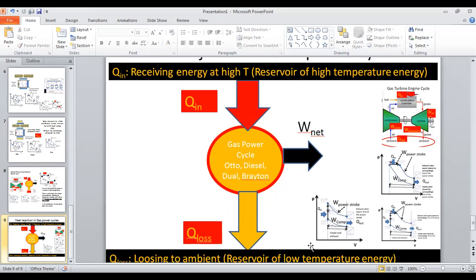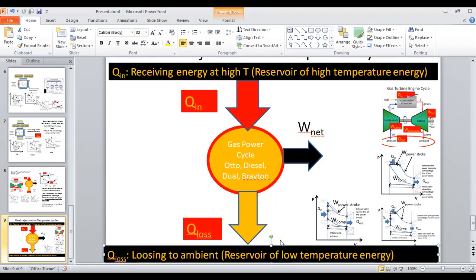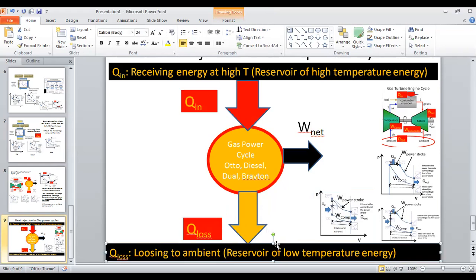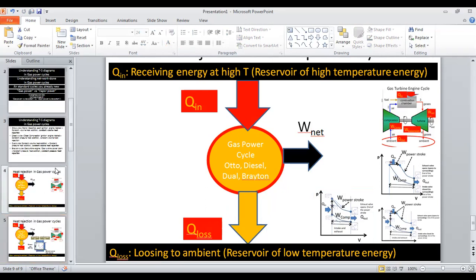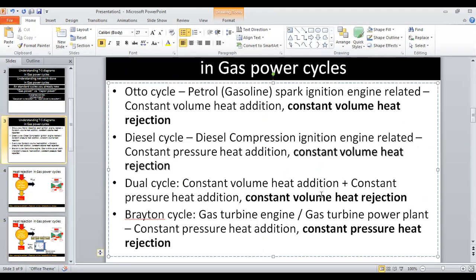Okay, quite interesting. So that is about constant volume heat rejection and constant pressure heat rejection. We talk about this.